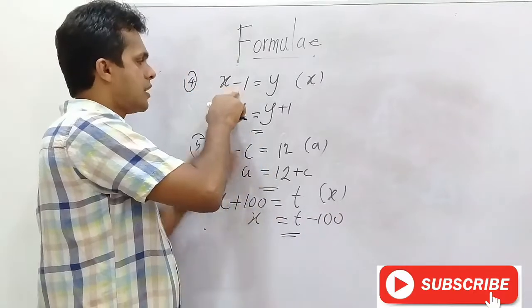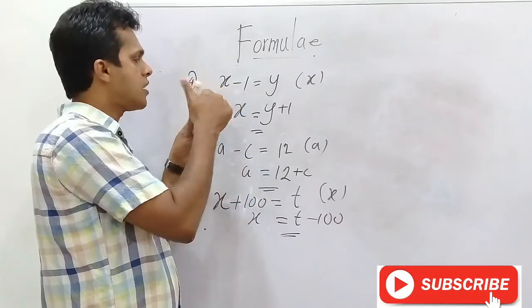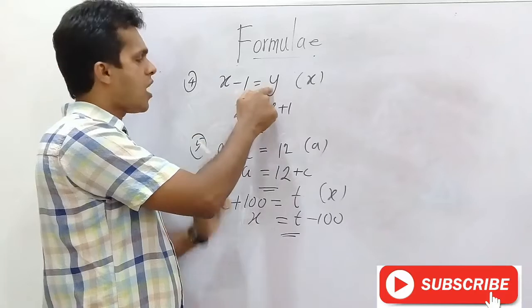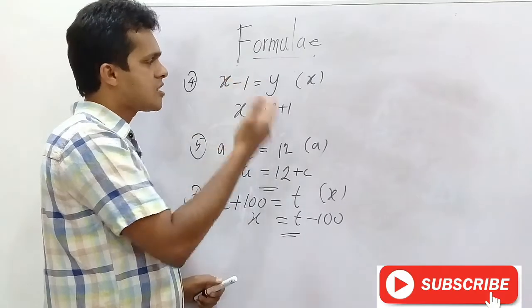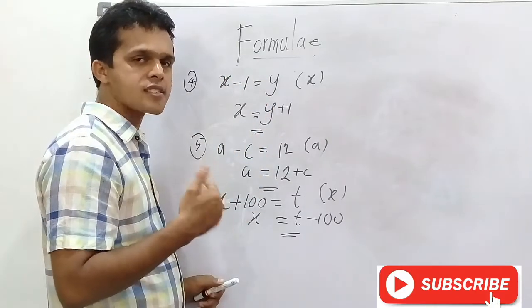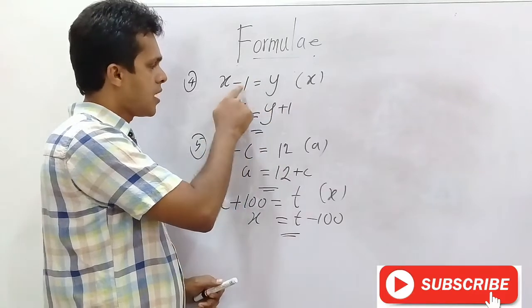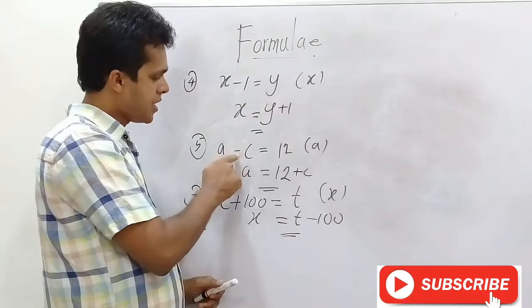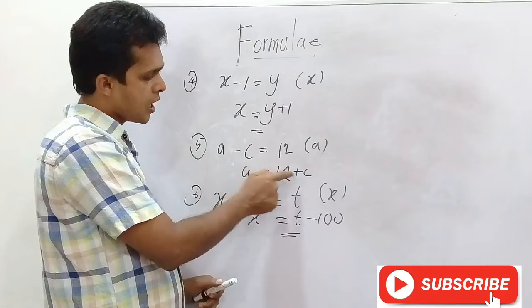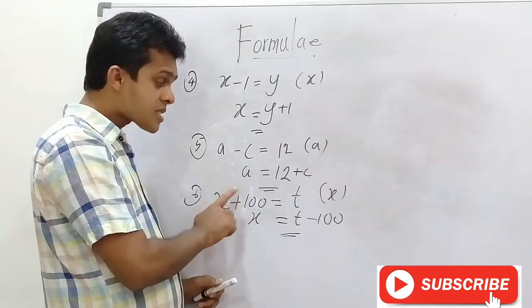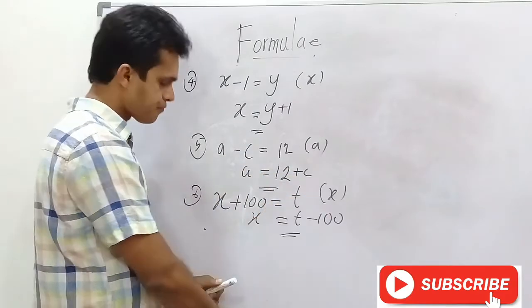So again, think of this formula: x minus 1 equals y. The term x can be written as the subject of this formula: x equals y plus 1. Minus 1 becomes plus 1. Here, minus C becomes plus C. Plus 100 becomes minus 100.